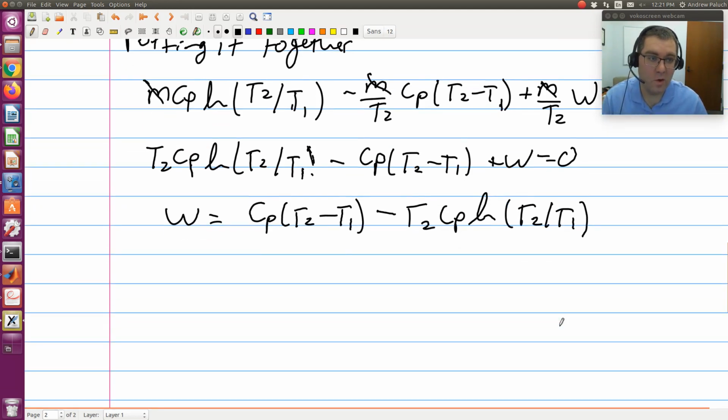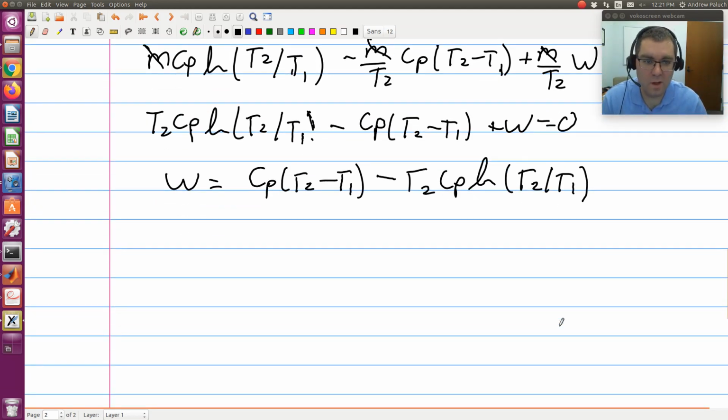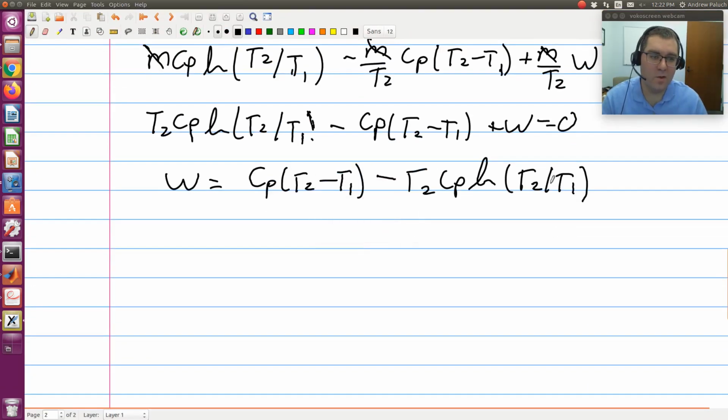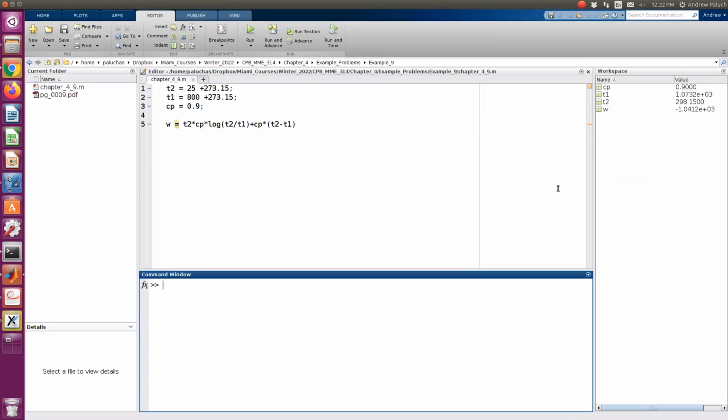All right, so now let's go and evaluate it. So I've already typed some of the values in MATLAB. T2 was our final temperature of 25 degrees C, so I convert it to Kelvin. Why? Because here I have a ratio of T's, so that needs to be in absolute units. T1, bricks originally at 800 degrees C, convert to Kelvin, Cp of 0.9.